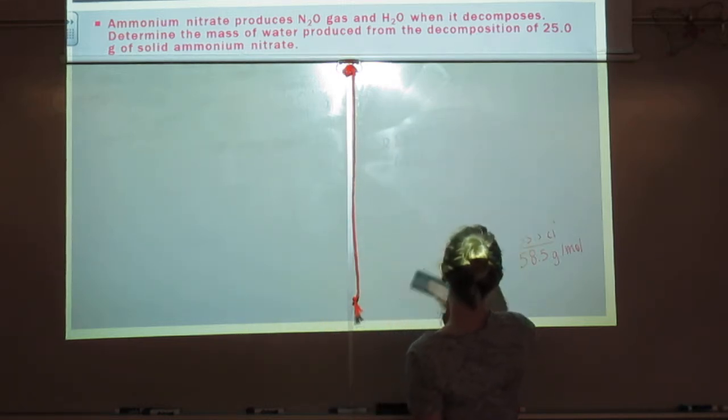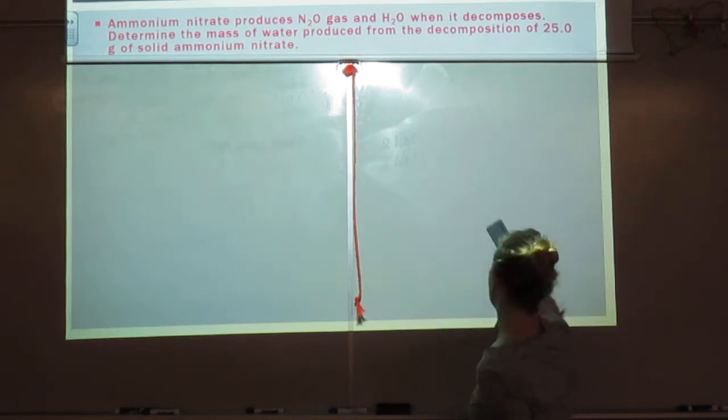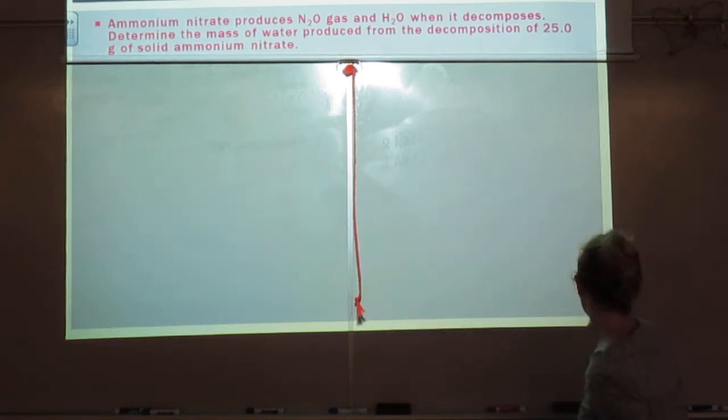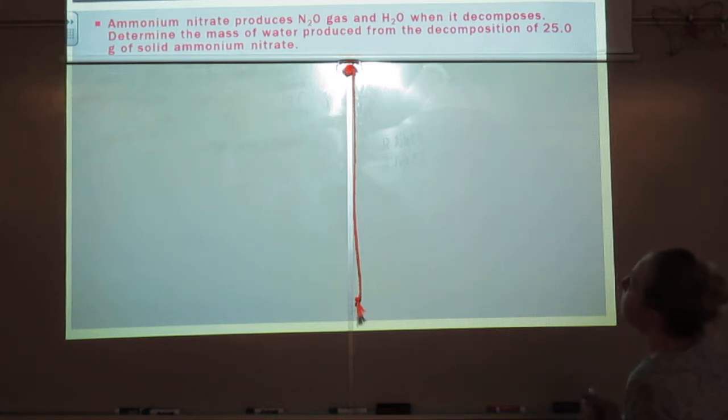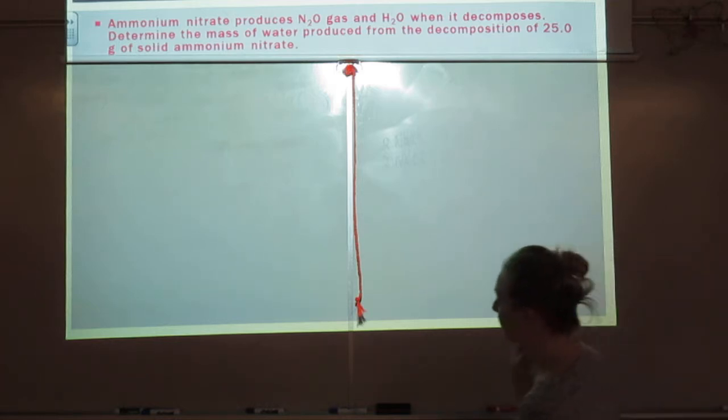If you don't know what that is, you might want to reference your periodic table on the back side. Ammonium nitrate produces N2O gas, so dinitrogen monoxide gas, and water when it decomposes. Determine the mass of the water produced from the decomposition of 25 grams of solid ammonium nitrate.